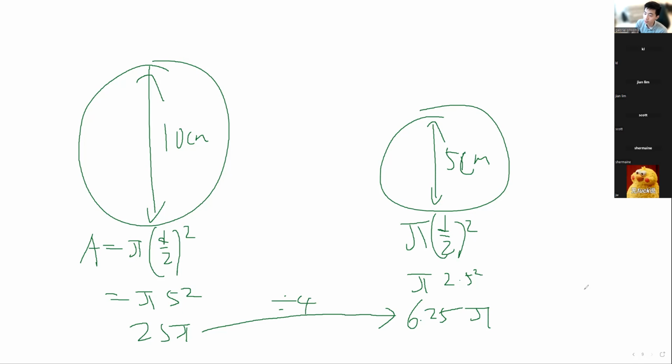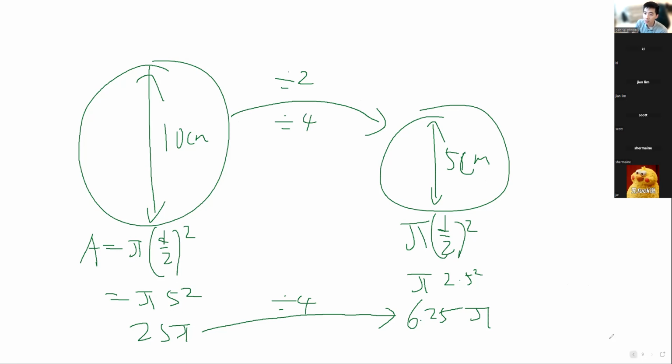Meaning to say, the area is the only thing that is constant. If the radius divides by 2, your area actually divides by 4. And if it's a diameter divided by 2, your area divides by 4 as well.